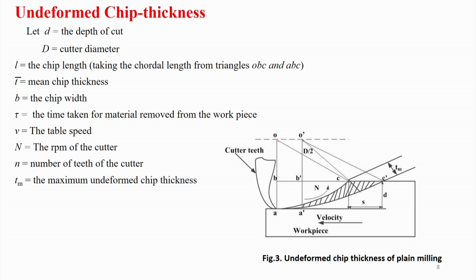So, initially it was at O and it was like this, and after that it has become like this here. It is rotating. Now, if it is rotating in this position, at O with O as the center, it would have covered this type of circle of radius D by 2. D is the cutter diameter and small d is the depth of cut.